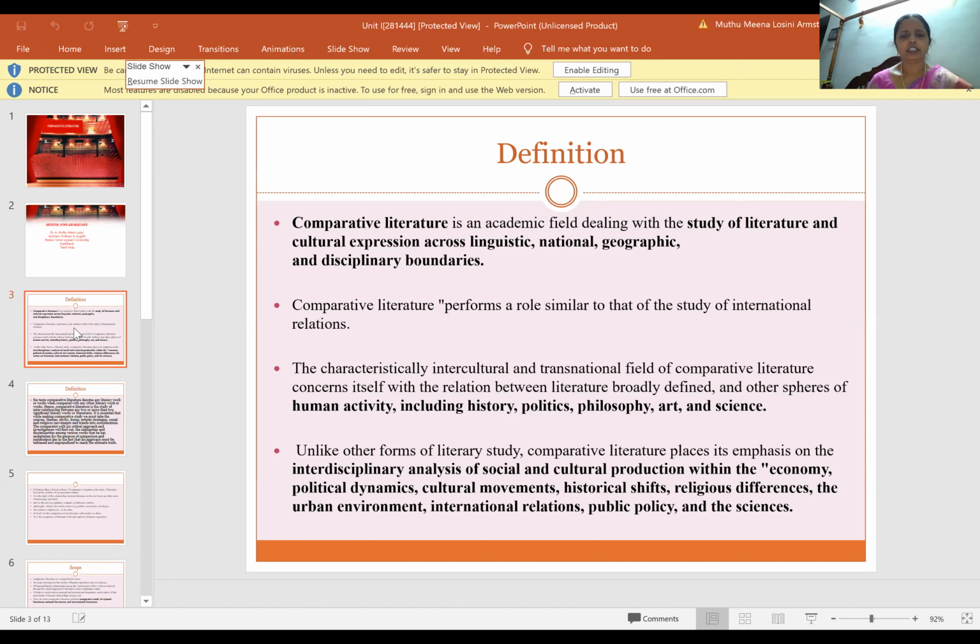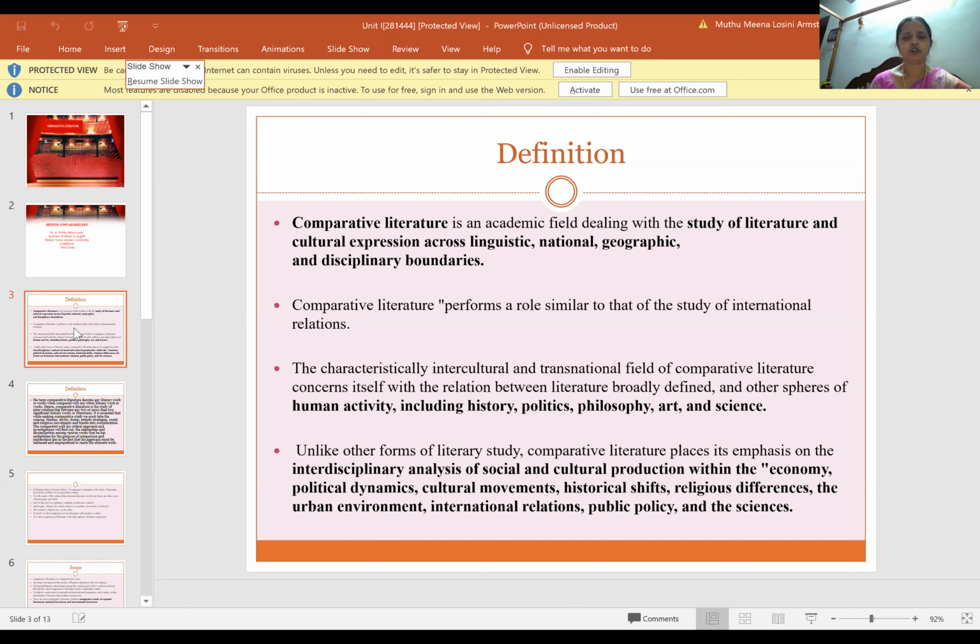The characteristically intercultural and transnational field of comparative literature concerns itself with the relation between literature broadly defined and other spheres of human activity, including history, politics, philosophy, art, and science.